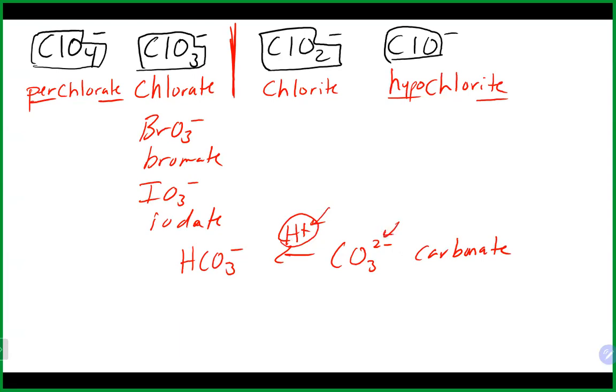So -2 and +1 leaves you a -1 left over. And basically all I did is put a hydrogen in front of it. So it would make sense that we would then call this hydrogen carbonate. And hydrogen carbonate also goes by a very historical name that people still use today, which is known as bicarbonate. In case you got some heartburn right about now, some bicarbonate there.